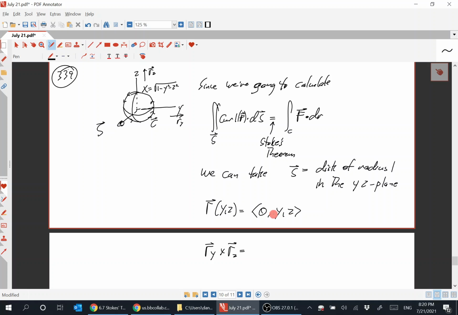So the partial derivative of r with respect to y is j, cross the partial derivative of r with respect to z, which is k. j cross k is i, which is 1, 0, 0. Okay.